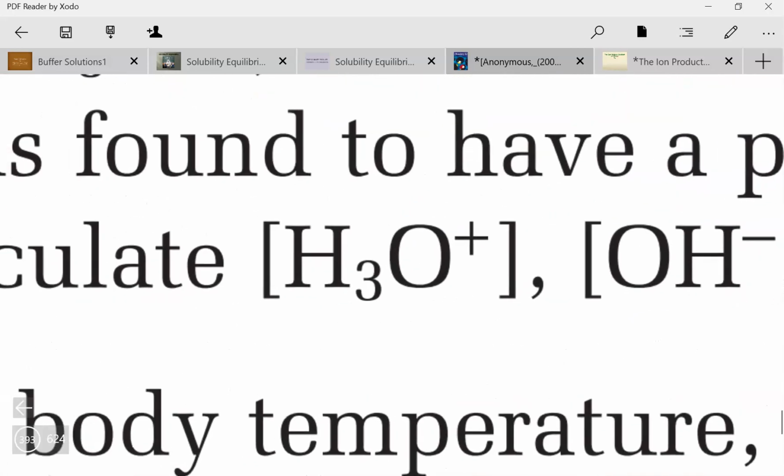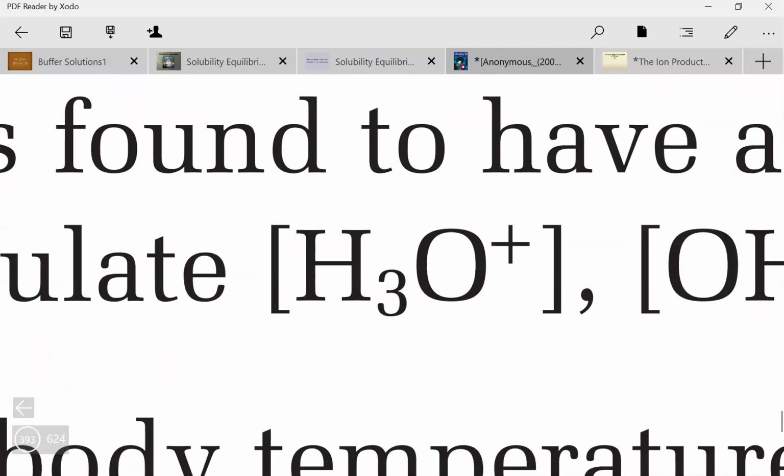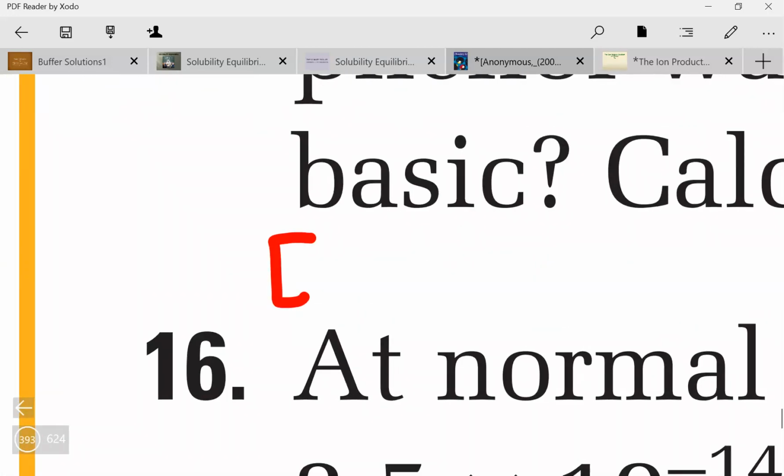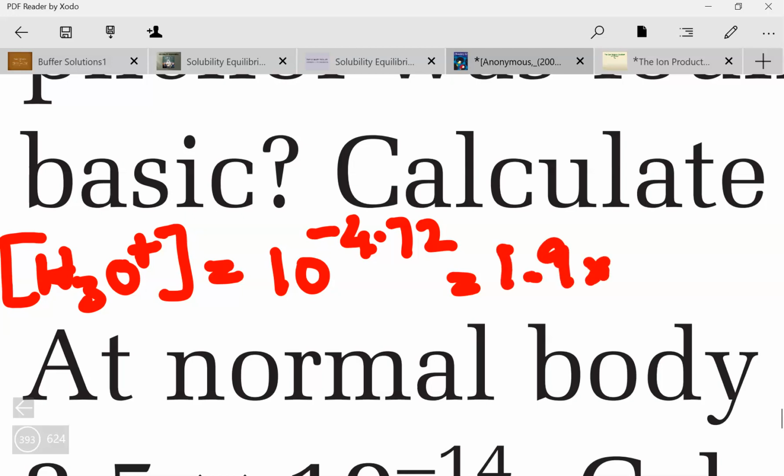Calculate everything. Okay, so first we'll do, what is the value? 4.72. Okay, so first we'll do H3O plus, I think. 10 to the power of negative 4.72 gives us 1.9 times 10 to the power of negative 5.